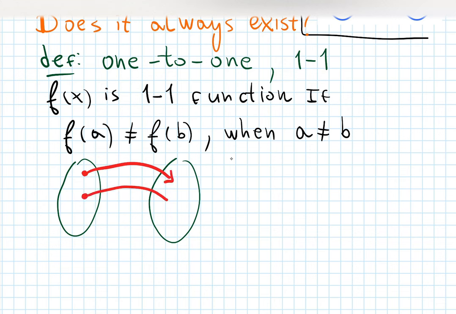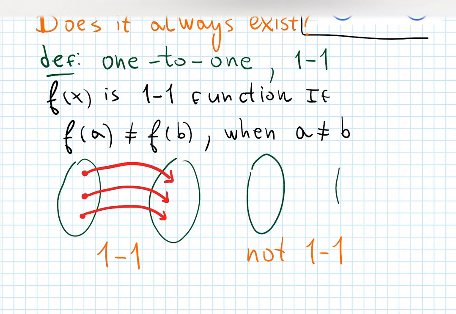For one more, I have exactly one. For one more, I have exactly one. It should not happen that two inputs share an output. So this is a one-to-one example. And then a not one-to-one example looks like this. For one input, I have one output. And for a different input, I have the same output. That's what we should avoid.